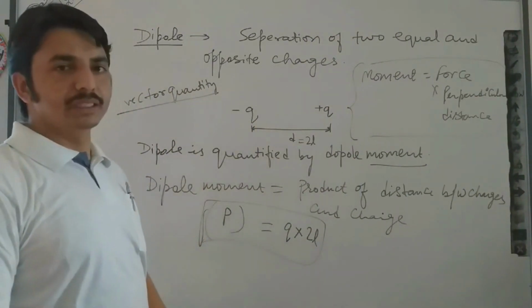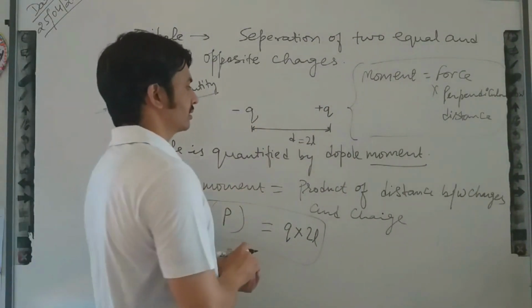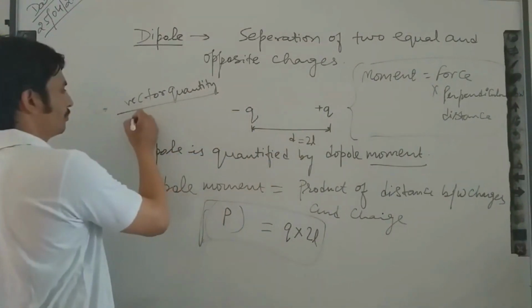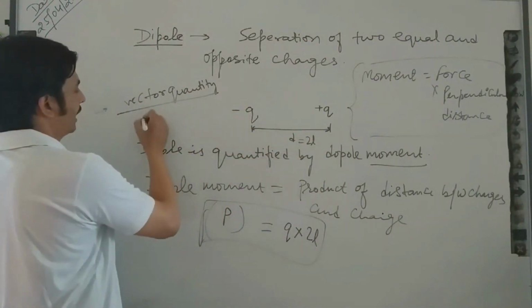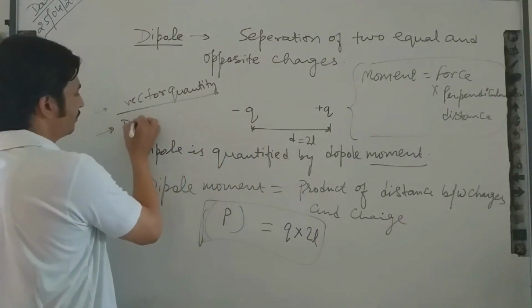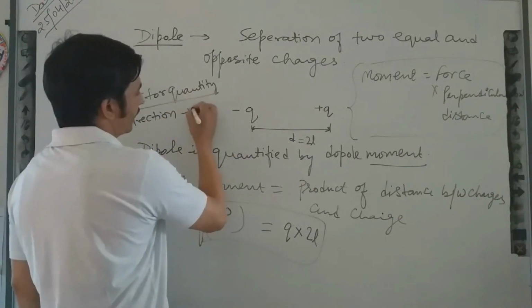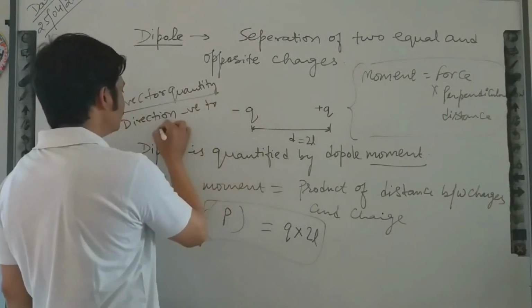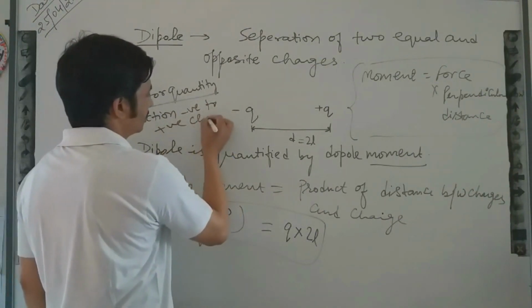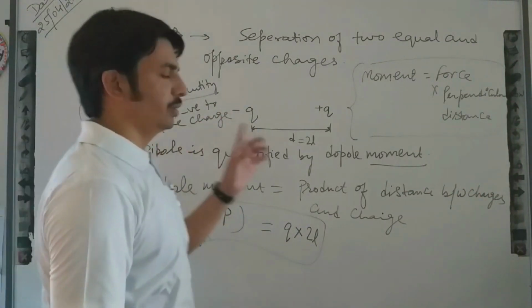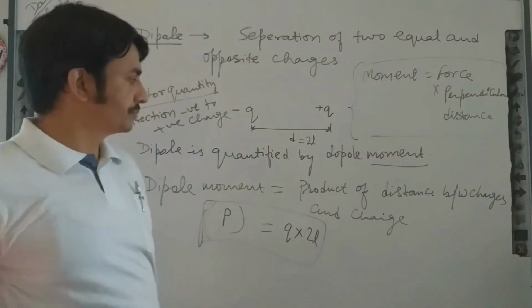In the case of an electric dipole, we generally consider the direction from negative to positive charge. So the magnitude is given and the direction is considered from negative to positive charge. You have to note this down. Clear?